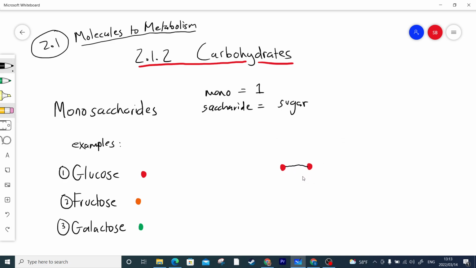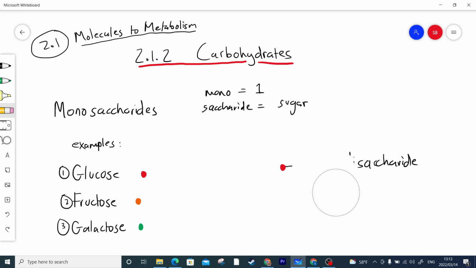So join them up with a bond. This is now no longer a monosaccharide, meaning it's not just one sugar, it's two sugars. When it's called two sugars, it's called a disaccharide. Glucose and glucose. This particular disaccharide is called maltose. It's when you have two glucose molecules together.